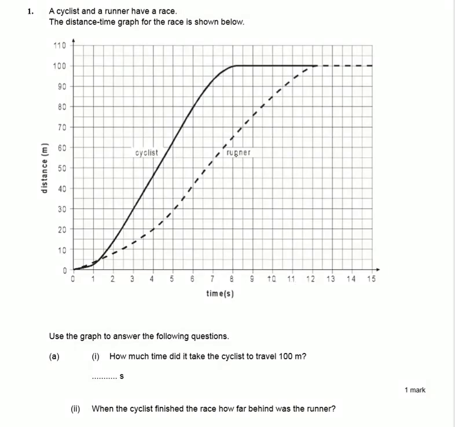They start the journey at the same point, and here they diverge, so the cyclist is outrunning the runner. Eventually the cyclist reaches the destination, and at this point it's flat, so from here onwards the cyclist is not moving at all because it stays at 100 meters. Eventually the runner meets the cyclist at this point.